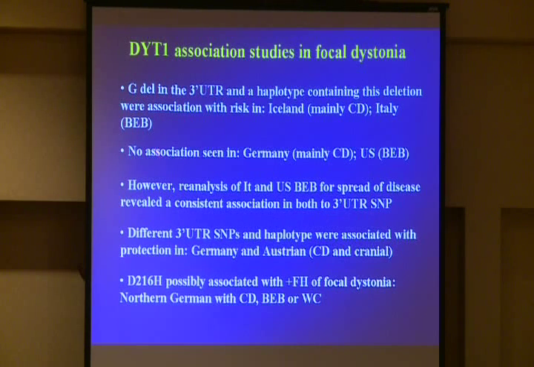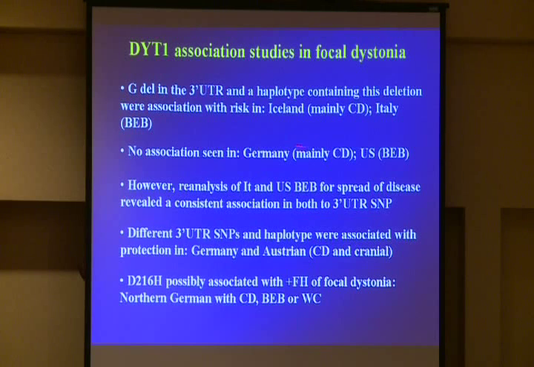But it turns out that there's a polymorphism at the end of the gene that increases the risk in Iceland. And this was mainly in cervical dystonias or neck dystonias, but in Dr. DeFazio's study, it was in blepharospasm.